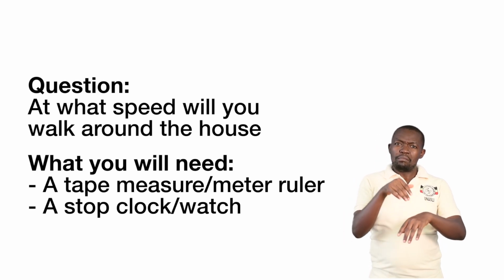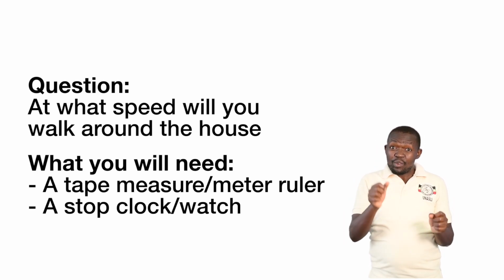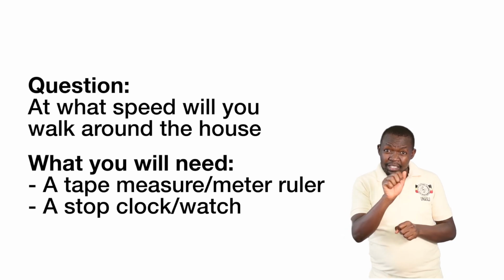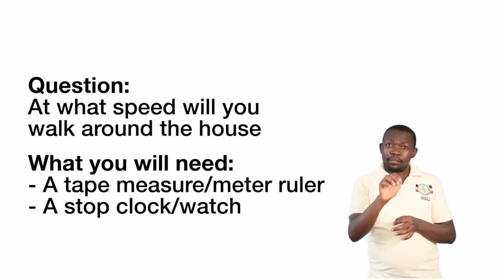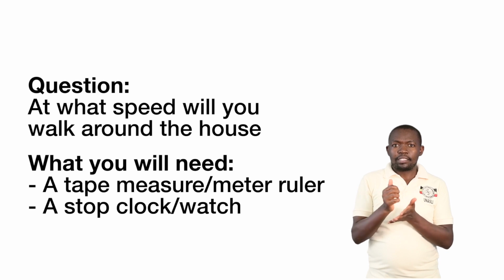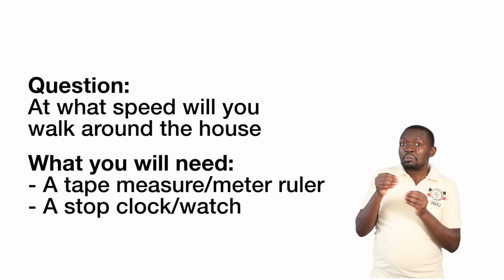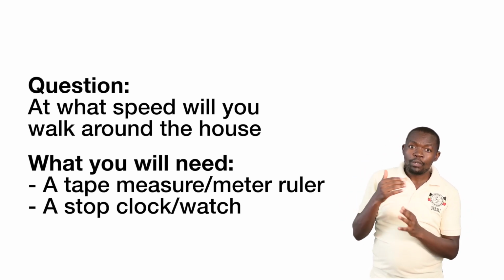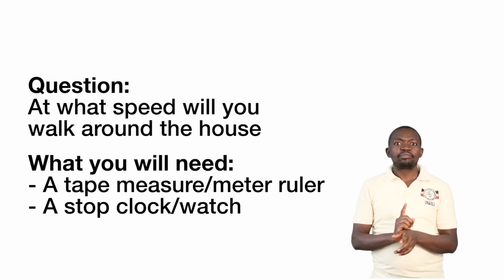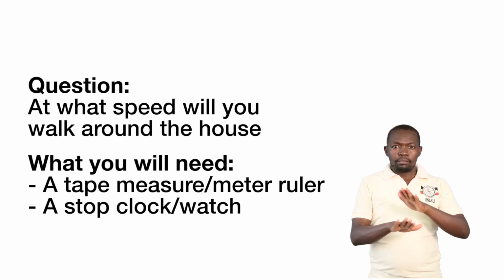In case you cannot get a tape measure or a meter rule, please ask an adult at home to count the number of his or her paces around the home. When I talk about paces, I mean the steps they take in one stride. Please ask them to count their paces around the house so that you will know the distance around the house.